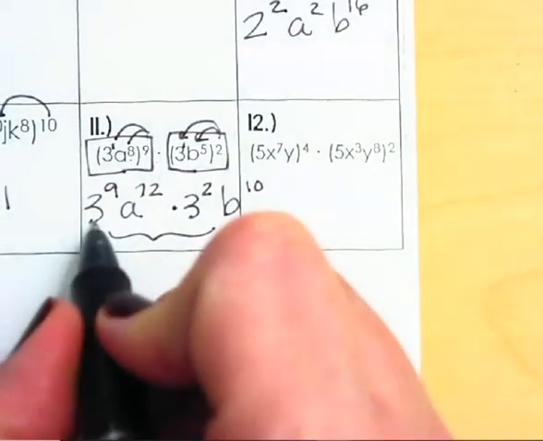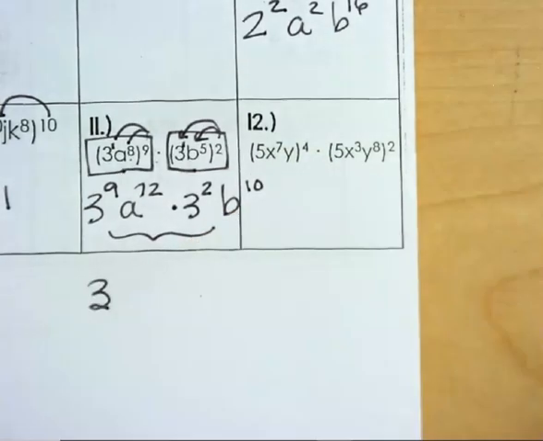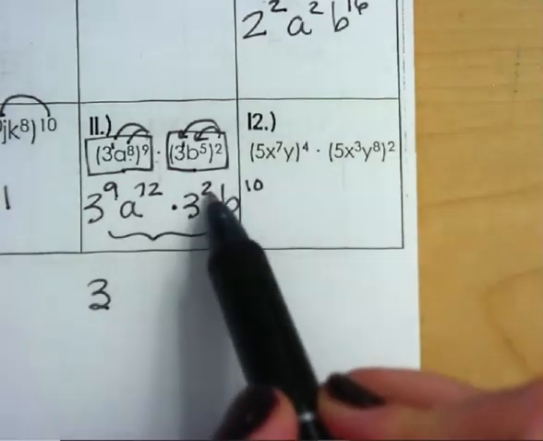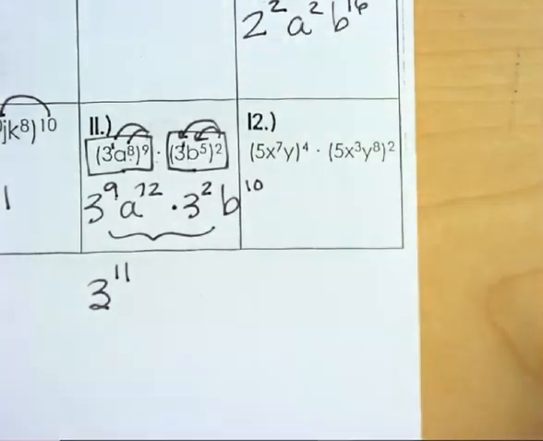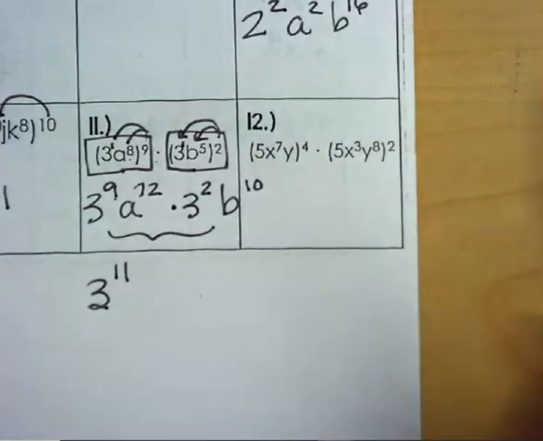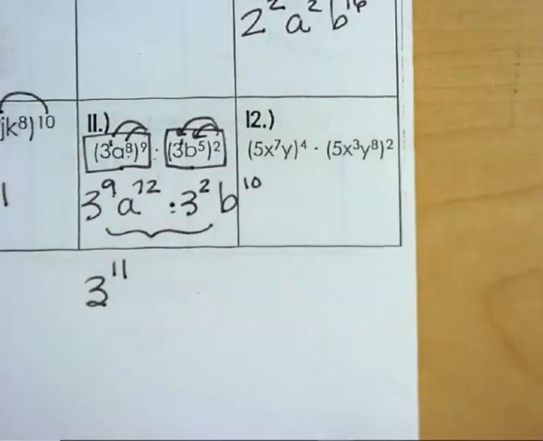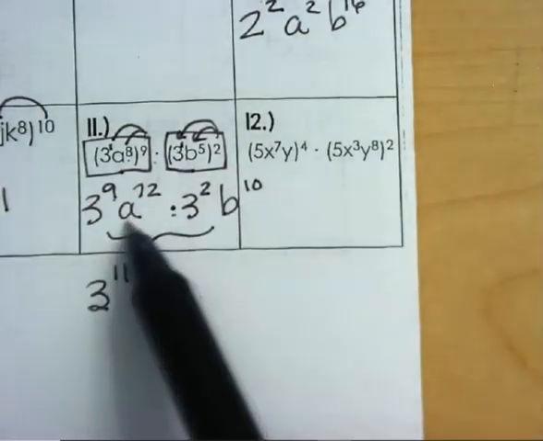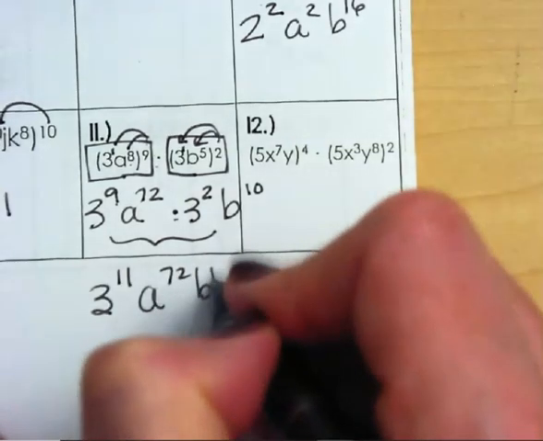Remember, you do not do 3 times 3. You just bring down the 3, because you have 9 3s and you're multiplying by 2 more. So you have 11 3s being multiplied all together, because now that we've switched to multiplication, we add the exponents. And there's no matching bases for the a or the b, so we just bring them down.